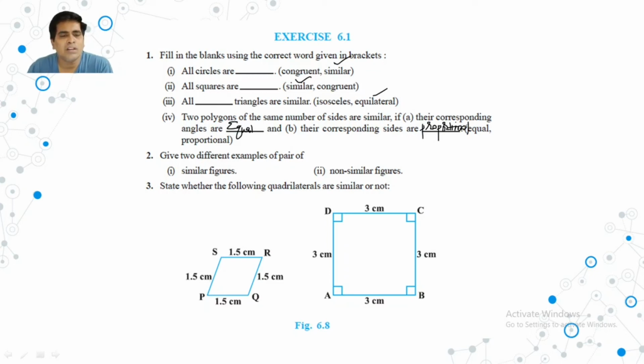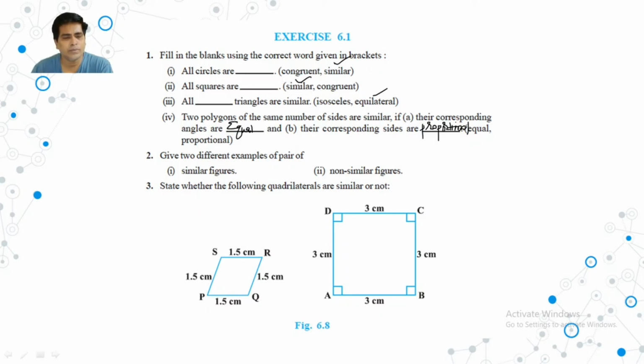So I hope it is clear. All circles are similar, all squares are similar, all equilateral triangles are similar. Two polygons of the same number of sides are similar if their corresponding angles are equal and their corresponding sides are proportional.